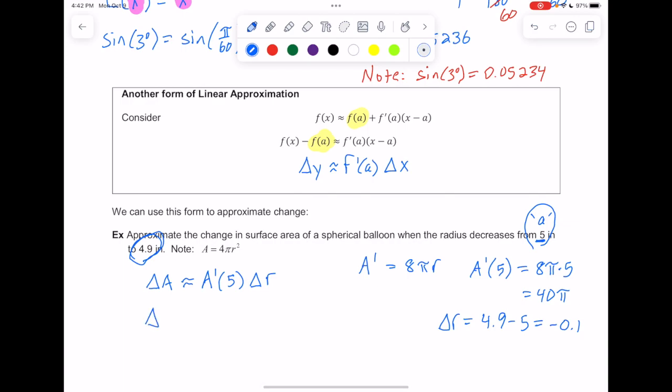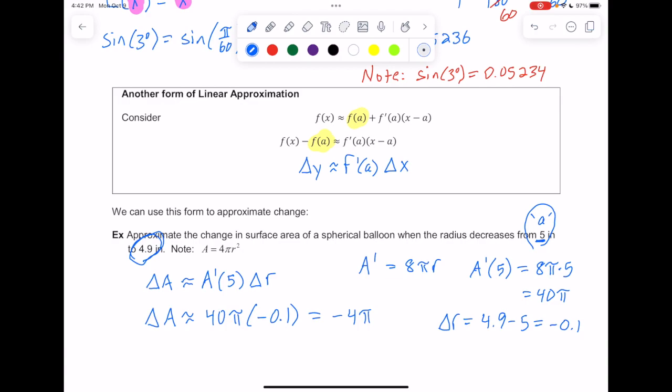So the change in surface area is approximately A prime of 5, which is 40 times pi, times the change in r, which is negative 0.1. So the negative moves out front, that decimal changes the decimal on the 40, and we get negative 4 pi.